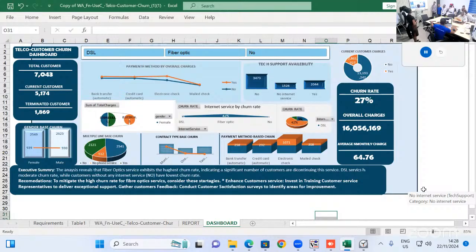You can see 27% of customers were lost, and it was as a result of certain services, and that's what we intend to expose to the board. Now, looking at gender, 939 and 930, male and female, left the company.